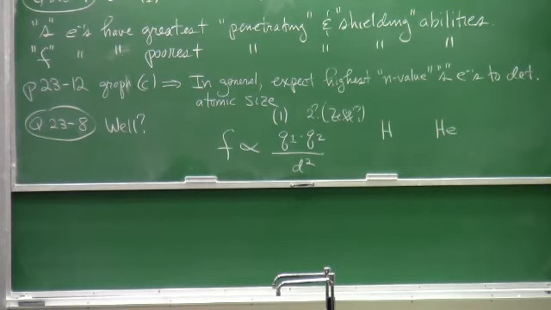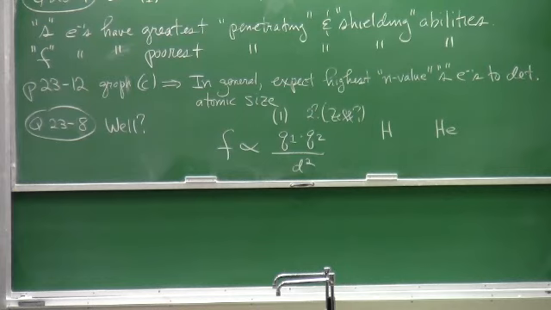If Z effective for helium is 2, given that D is shorter for helium, how would the first ionization energy for helium compare to the ionization energy for hydrogen? Certainly larger, but by what factor?